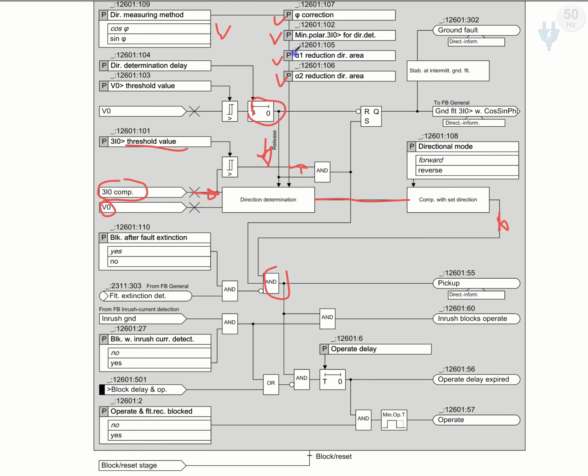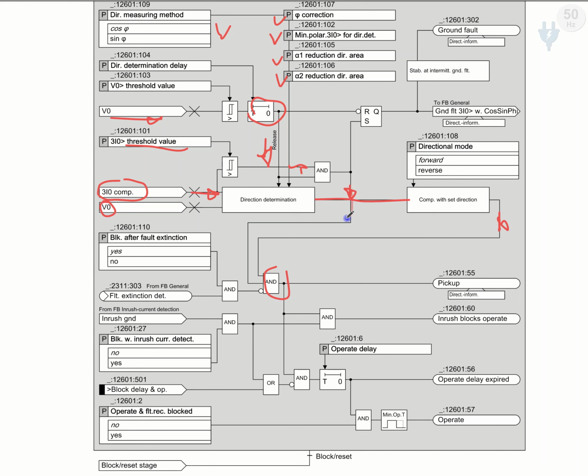This is almost the same as the minimum polarization current, whatever value we give. Of course, this is the compensated value, but this is the actual current. We are giving that threshold for the compensated value. So the AND signal is now taking one from the zero sequence voltage and one from the zero sequence current. Now it is supplied to AND, and the output is now 1.